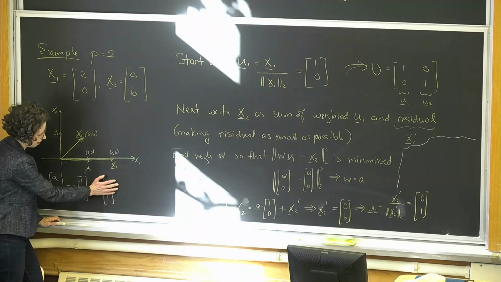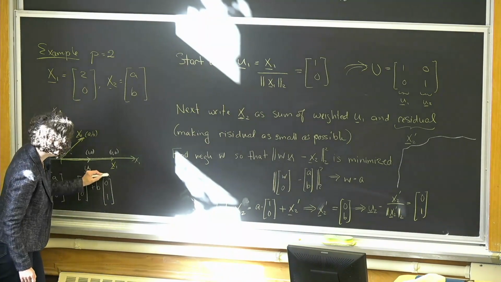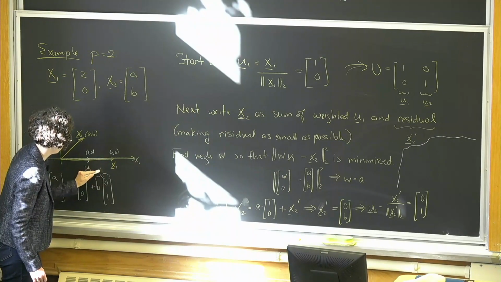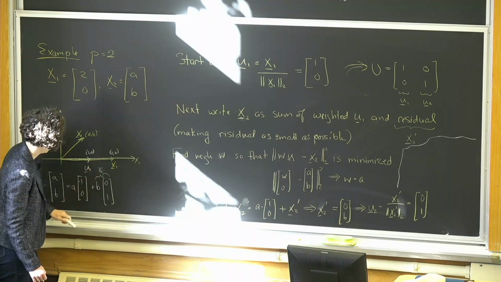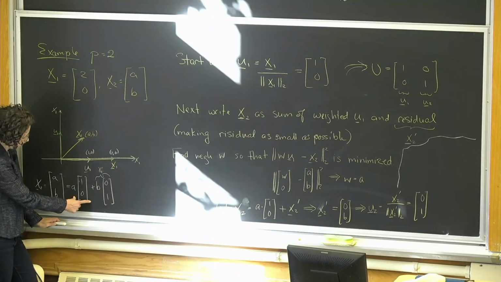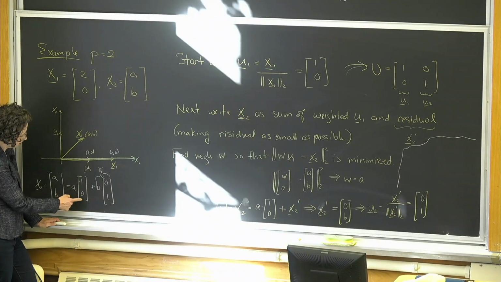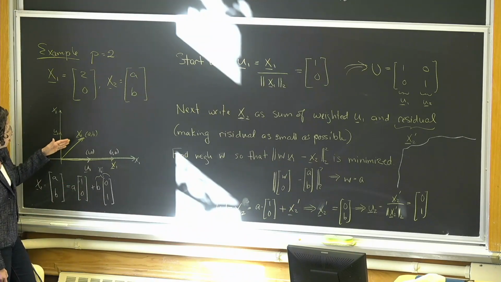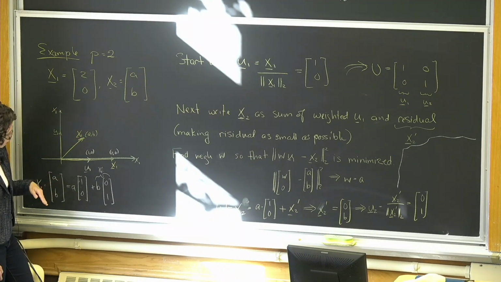So before we have this, we just say this is some generic residual that we called x2 prime. And what we were doing here is we were saying, all right, I have to decide how much weight to put onto u1. And what I'm trying to do is get the most accurate representation I can of x2 using only that first basis vector, u1.